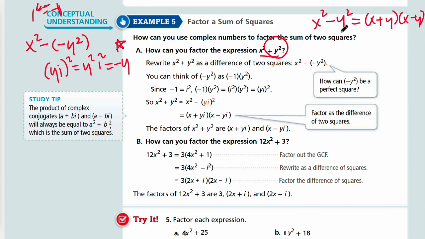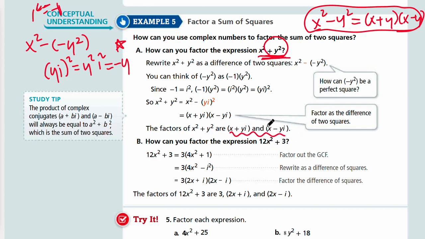Usually only x squared minus y squared would work in real numbers, but we can also factor further using complex numbers for x squared plus y squared, for any numbers x and y here.